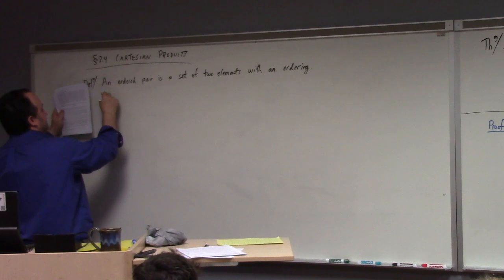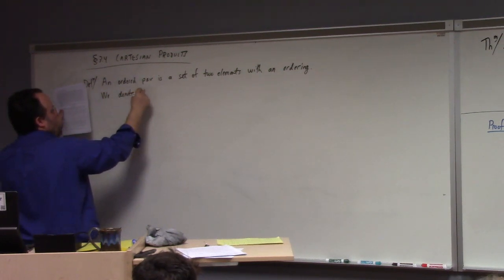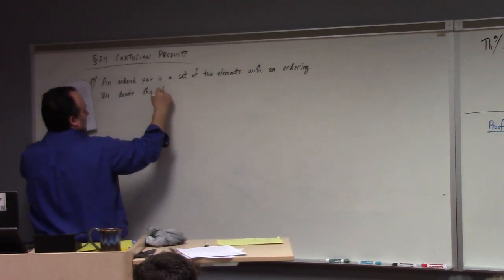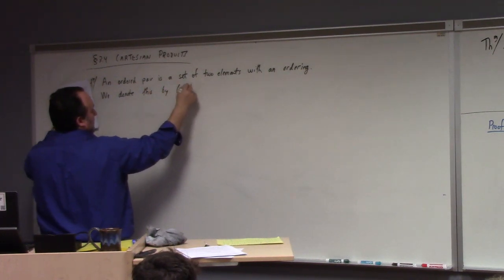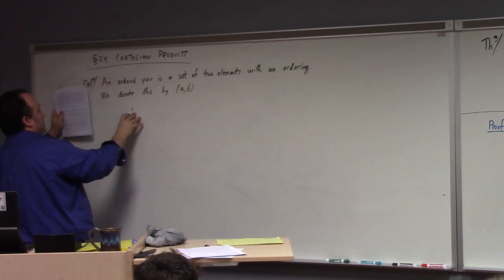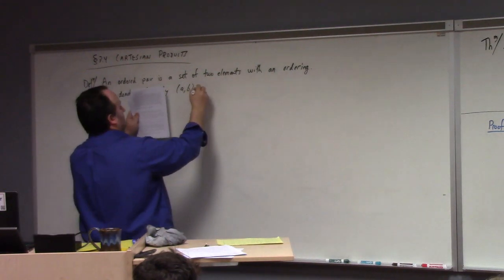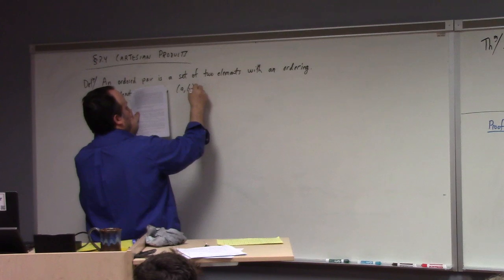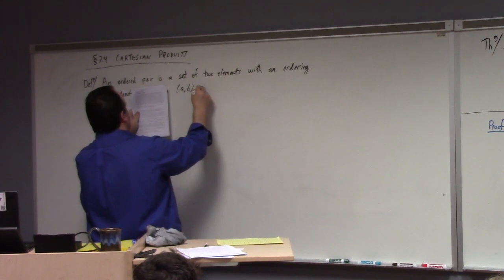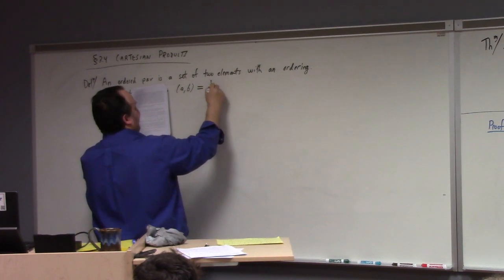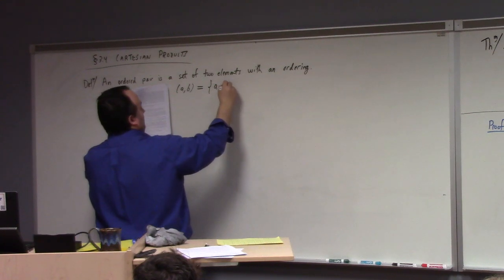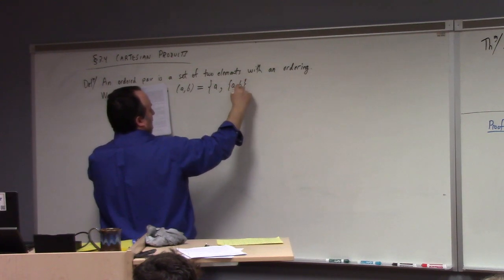We denote this by (a, b), and technically speaking, that is equal to the set containing {a} and then {a, b}.